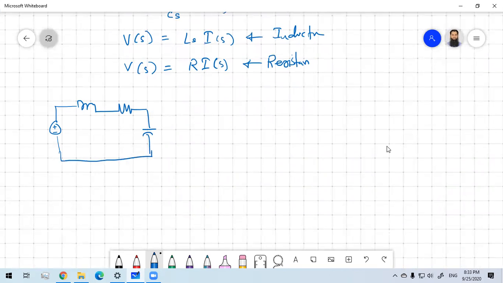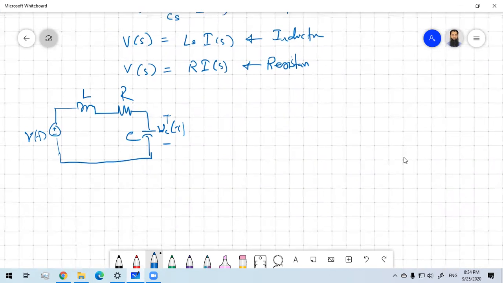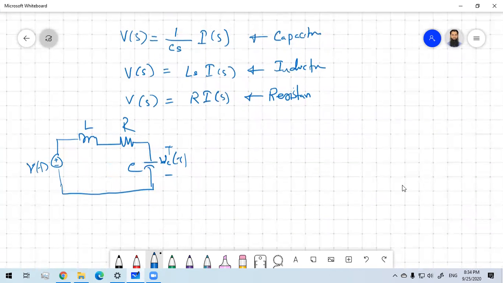This is your v(t), this is your L, R, C, and then you have vc(t). Is there any easier way, provided that we already know the voltage across each element? Yes, definitely there is an easier way.